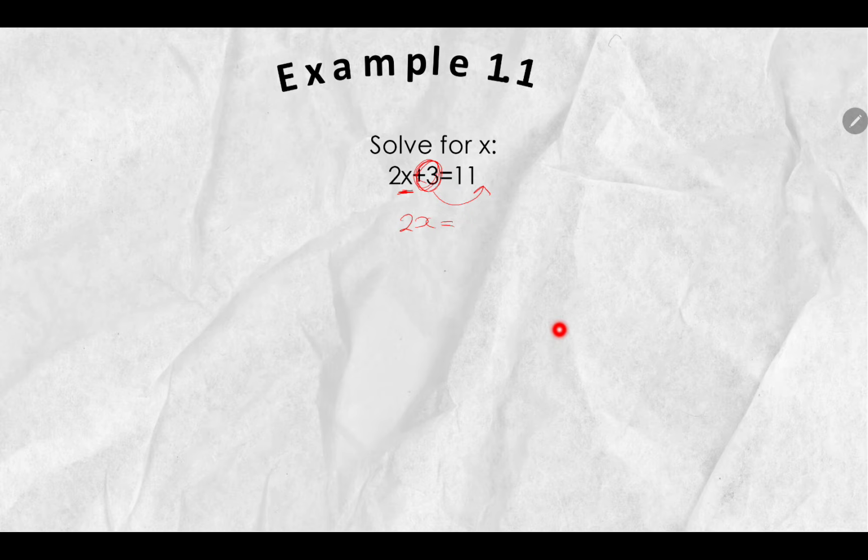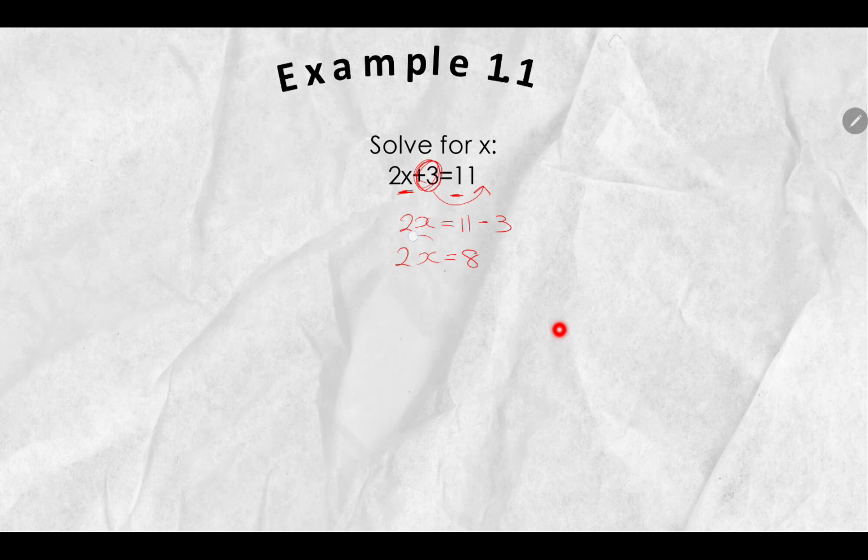So what's the opposite of positive? It's negative, right? So you have to take away 3 from 11. So 2x equals 11 take away 3. So it would be 11 take away 3 equals 8.